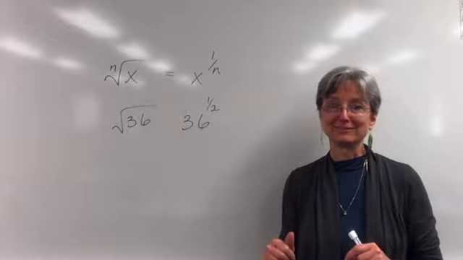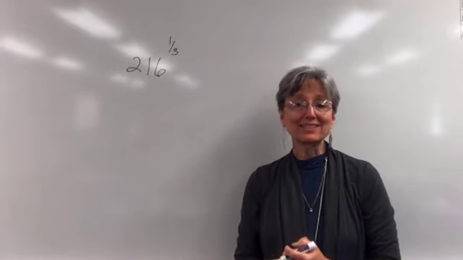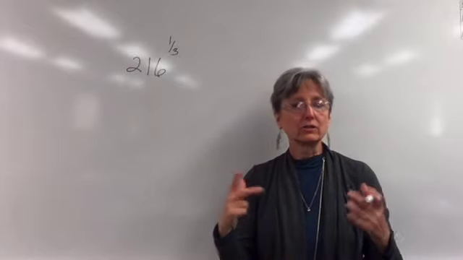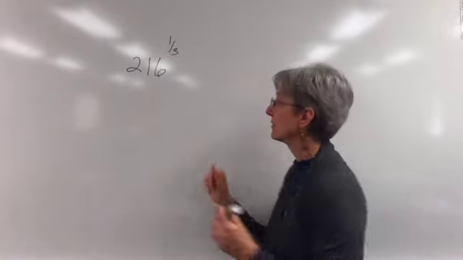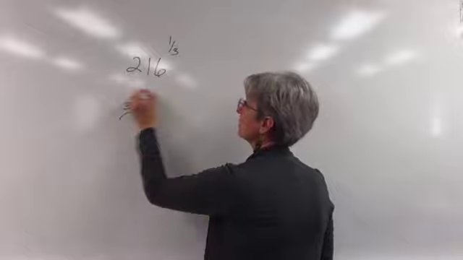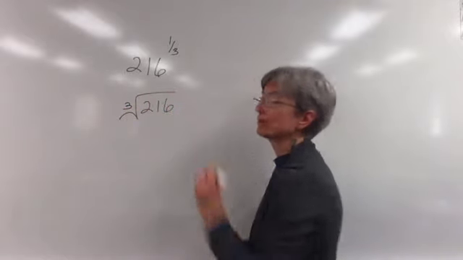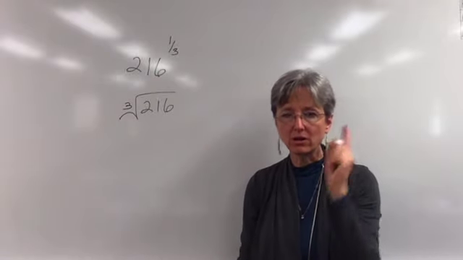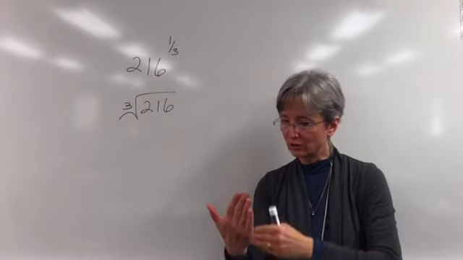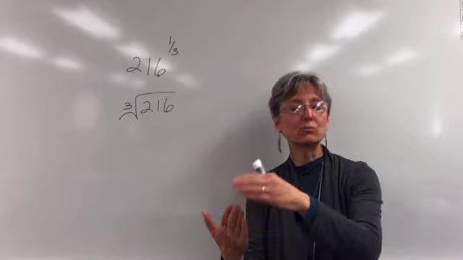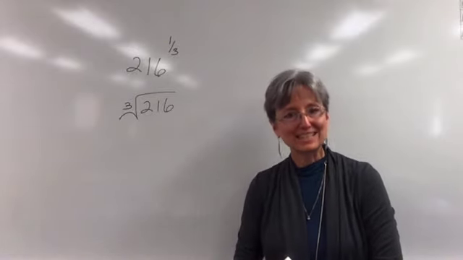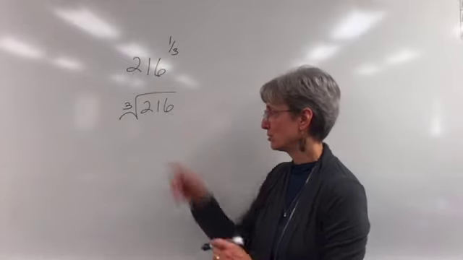Pretty cool. So let's say you're asked to simplify 216 to the power of 1/3. Since it's to the power of 1/3, it's the same as the third root of 216. And right away you're going to flip to that 3x5 card that you filled out to see if there are any cube root factors of 216, and lo and behold, 6 to the power of 3 is 216.